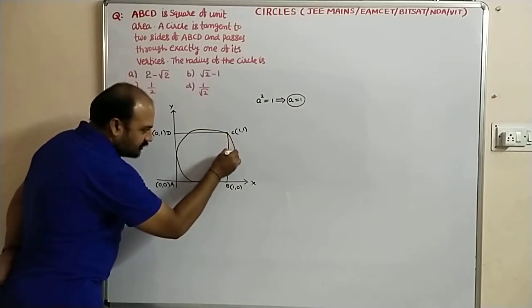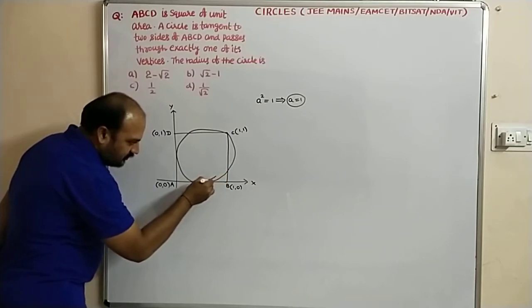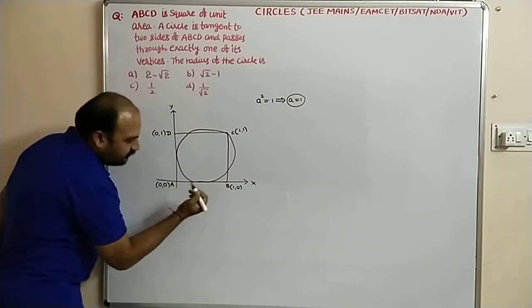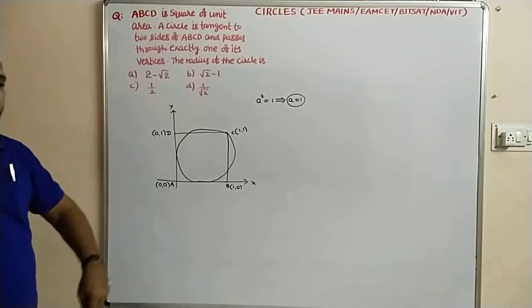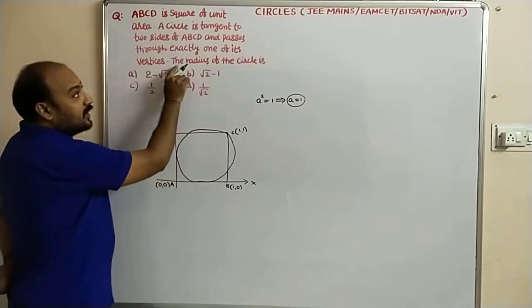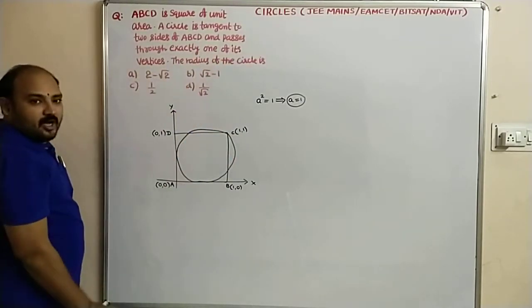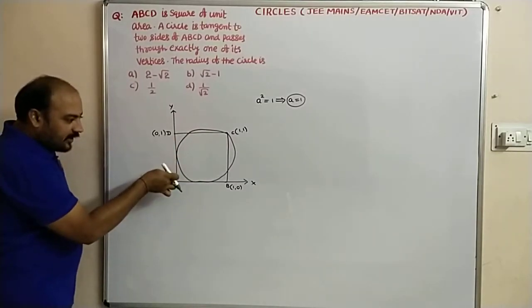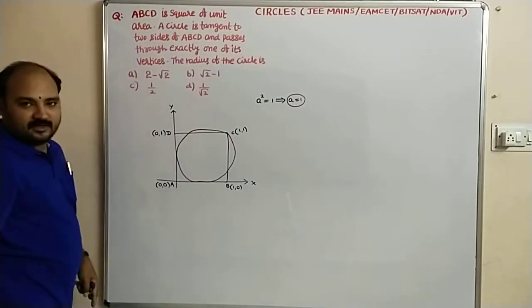It is passing through C. This is the rough diagram. This is the required circle passing through exactly one of its vertices and touching two of its sides. So AD is one side and AB is another side.